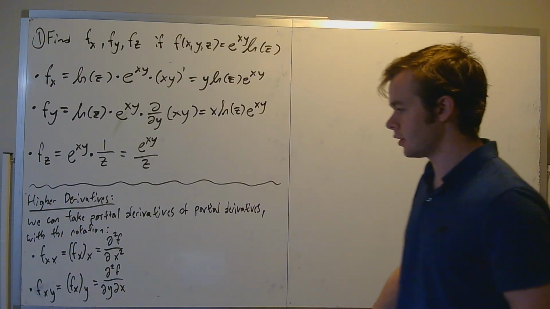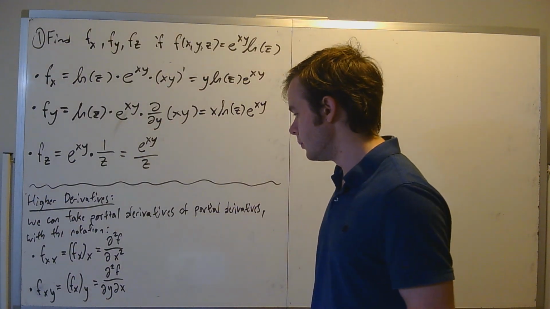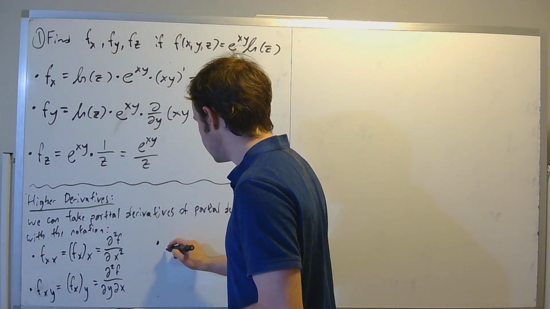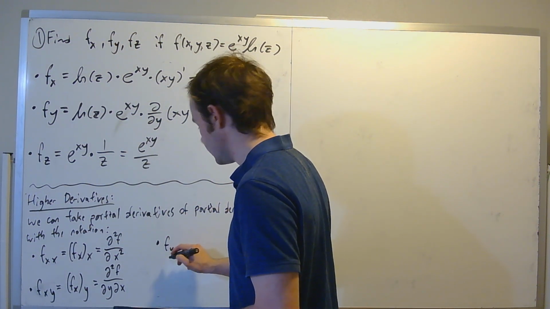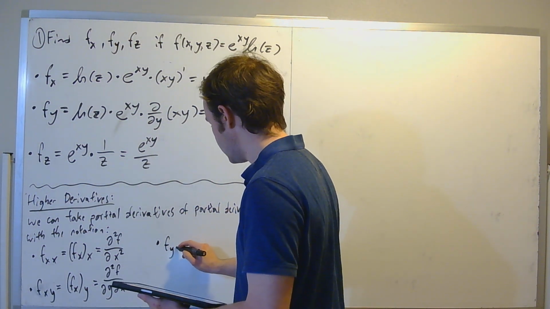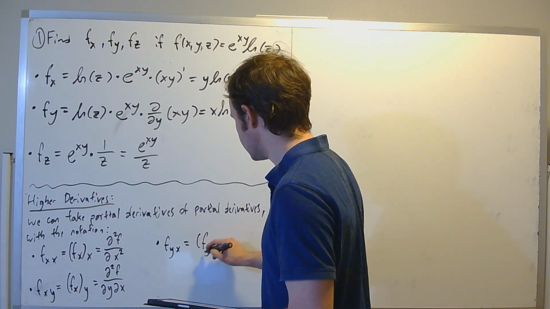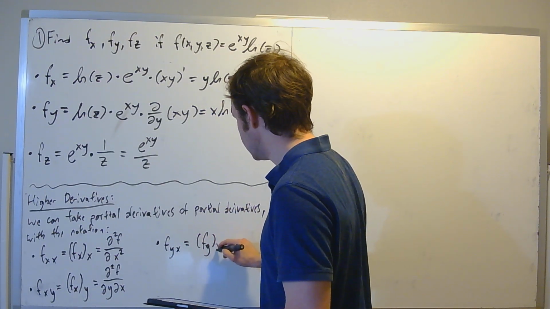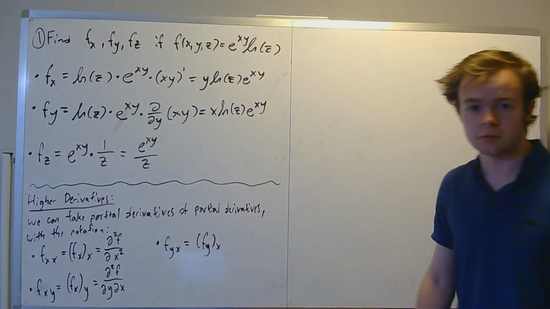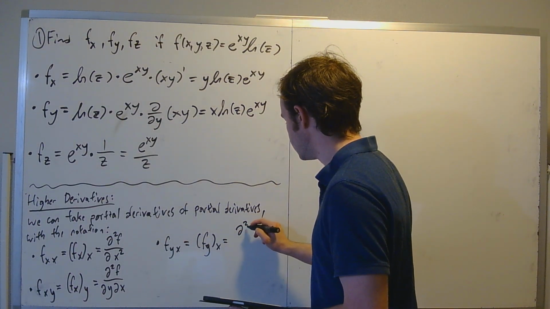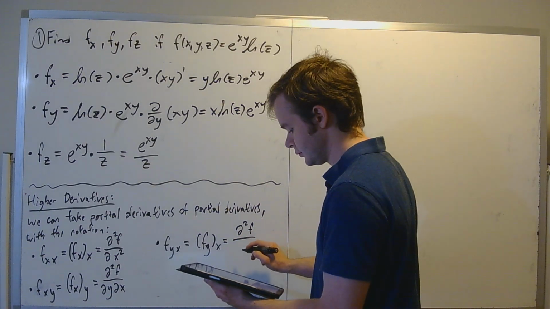So this is a function of x and y, let's say. Well, we've also got two more options. So the two options that I haven't written down, at least one of them, is f, y, x. So that's first taking the partial with respect to y, and then taking the partial derivative with respect to x. So if you wanted to write that, you would write that like this.